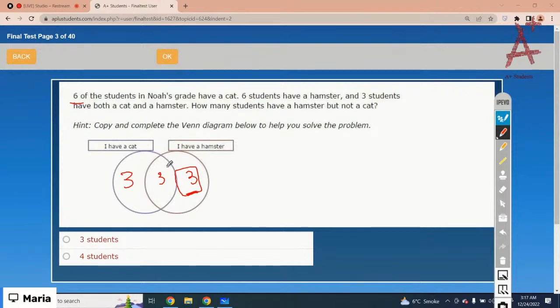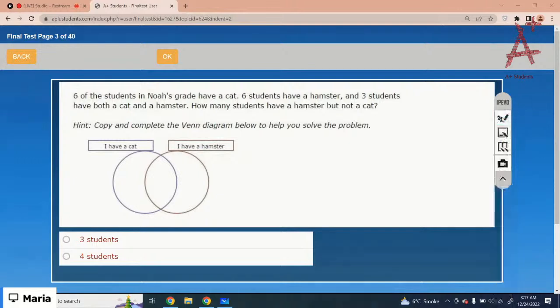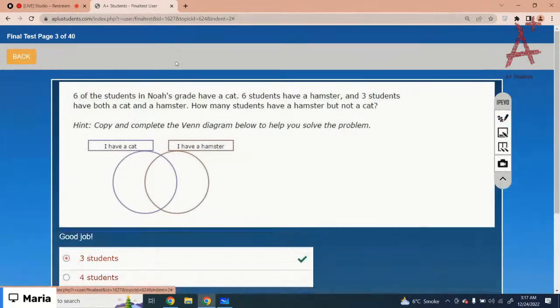You subtract the common ones from both: 6 take away 3 is 3. So 3 have just cat, 3 have just hamster, and 3 have both cat and hamster. Got it? So the correct option is 3. Just select the correct option, then click on the OK button.